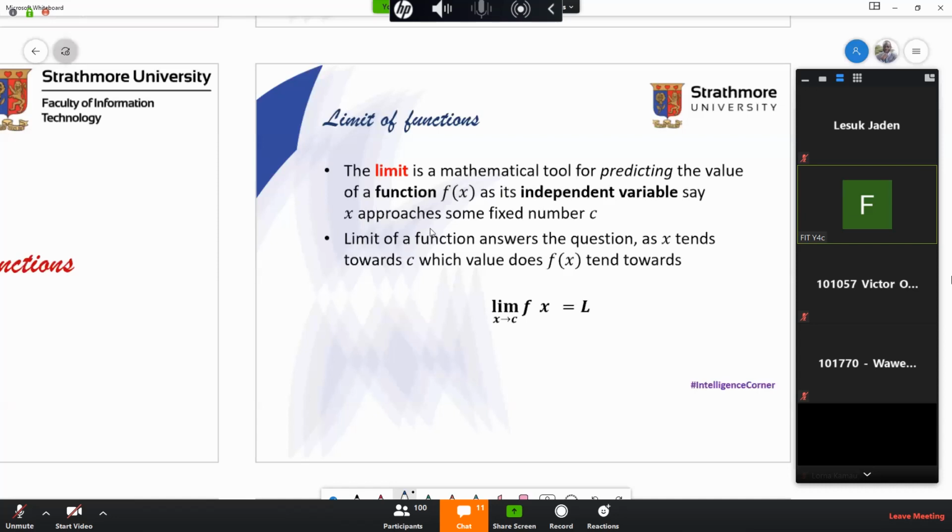So the limit, now we have said we have a dependent and an independent variable. X is usually independent, then Y is dependent.